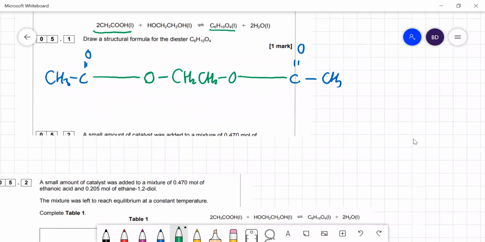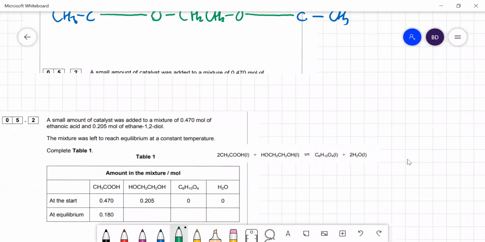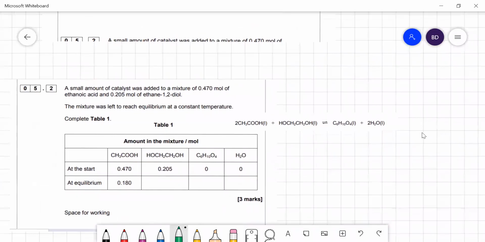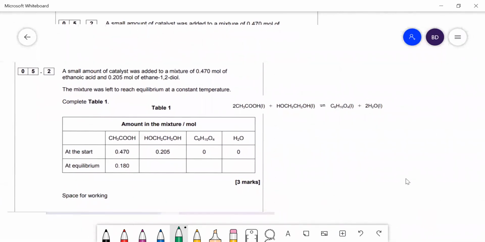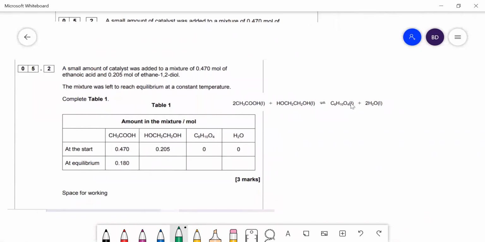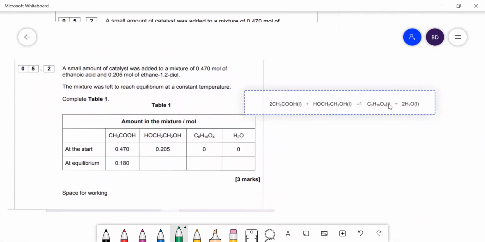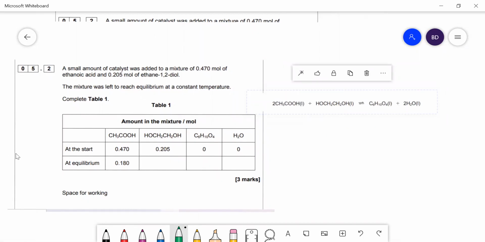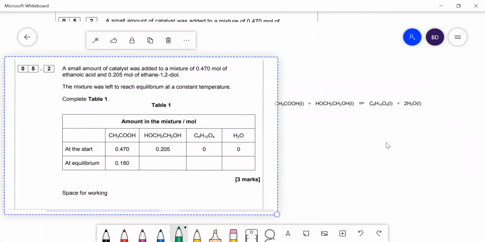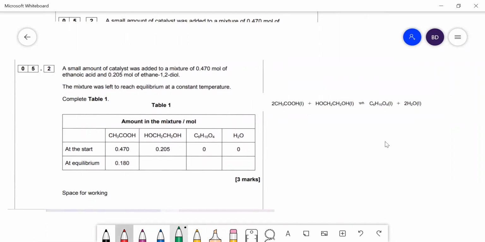So a small amount of catalyst is added to a mixture of the ethanoic acid and the ethane diol, and it's left to reach equilibrium, and we've got to find out the moles at equilibrium. Just to remind ourselves, I've just pasted in the equation again there. I like start moles and equilibrium moles, and I'm going to squeeze in used up moles.